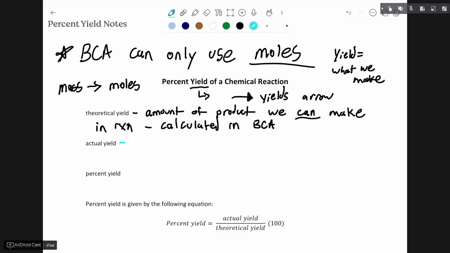The next type of yield is called the actual yield. The actual yield, this is the actual amount of product that we did in fact make during the reaction.